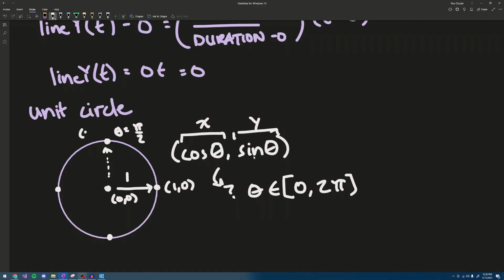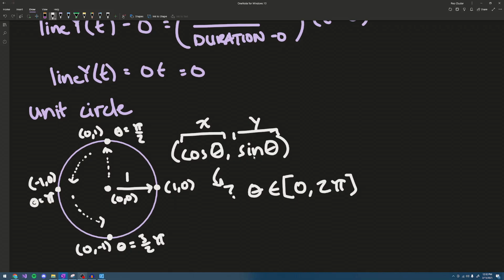And this point is at 0, 1. As theta increases, we get -1, 0. This would be pi. And then we increase a little bit more, and now theta is equivalent to 3/2 pi. And this evaluates to the position 0, -1. And we make our way back up here, and we end up at 2 pi. Or 0. That's why theta goes from 0 to 2 pi, because it includes all values 0 to 2 pi to make the full circle.